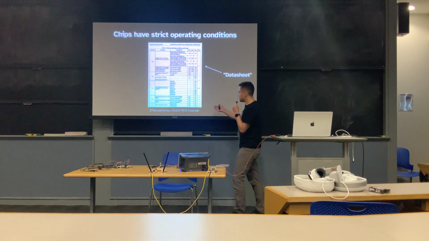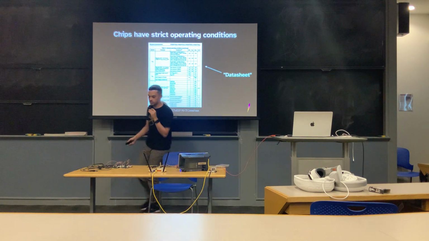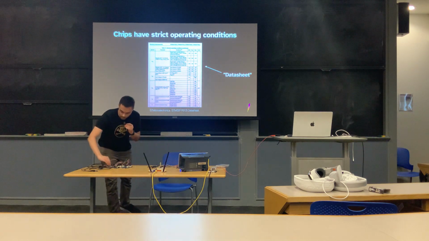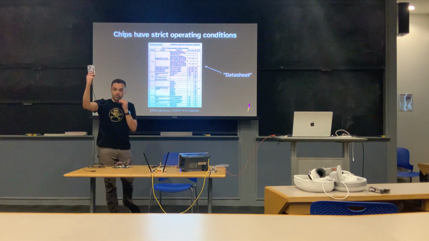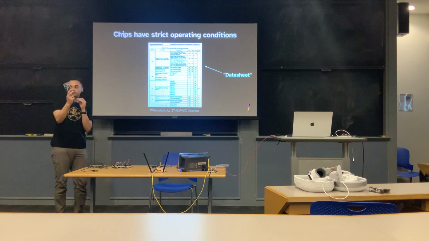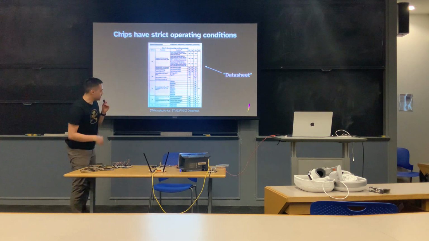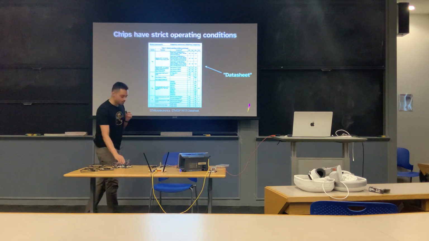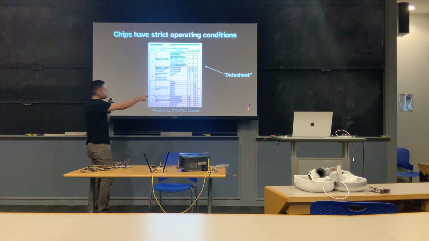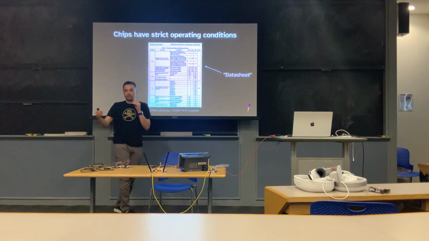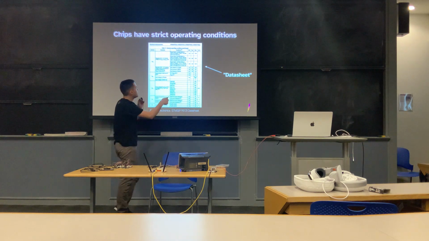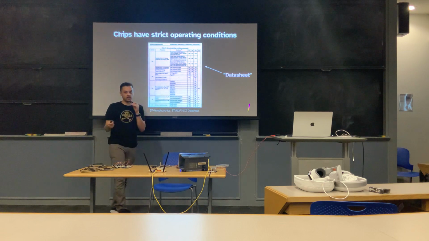So in this case, this is the ST Microelectronics STM32, which is this board right here. And we can see that there's a large number of restrictions on the voltages you can supply to this chip and the temperatures it can operate at, things like that. So I want to point out right here, just to give you an example of how precise these tolerances can be, the minimum voltage is 1.08, typical is 1.14, and max is 1.20.